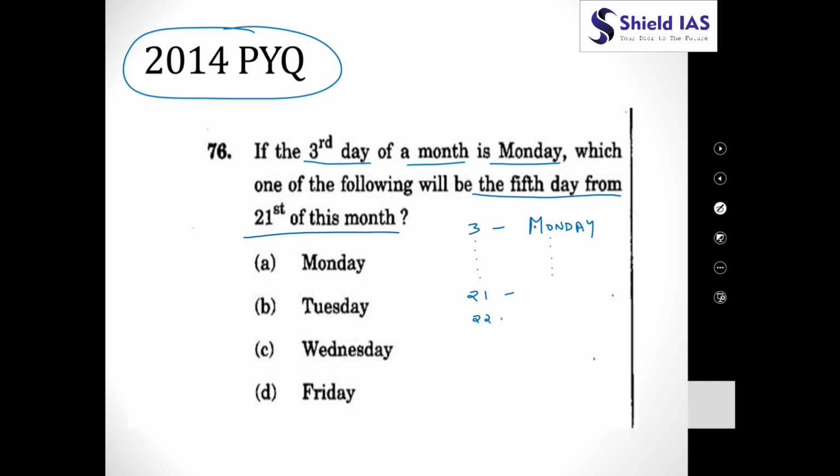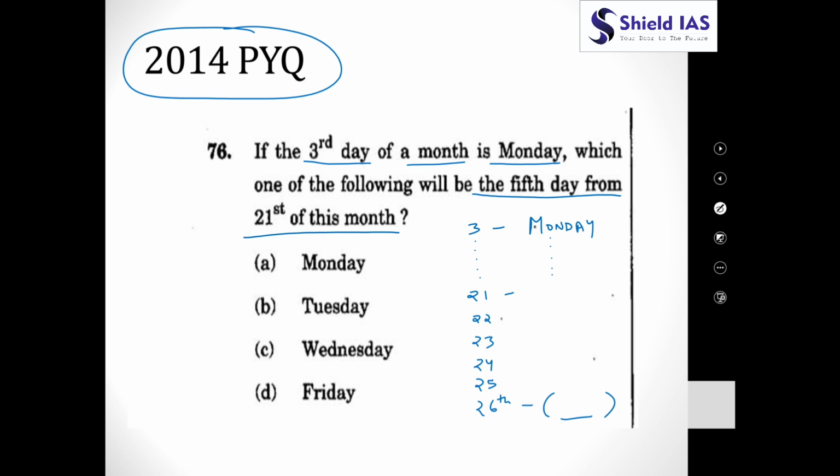So first day would be 22, second day 23, third day 24, fourth day 25, and the fifth day is 26th. So in other terms, he is asking what is the day on 26th of this particular month. So again we will resort to the same method.